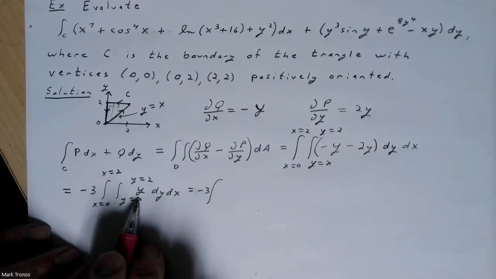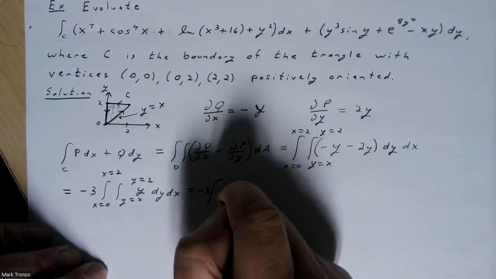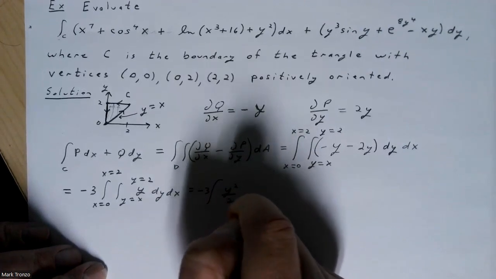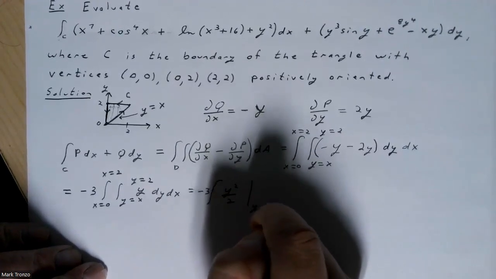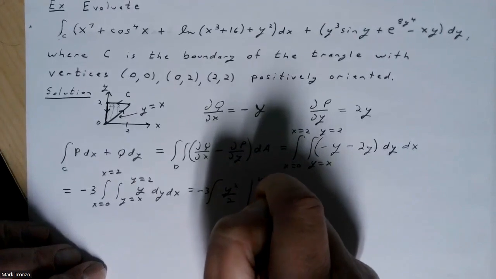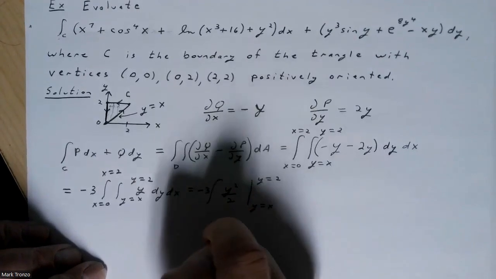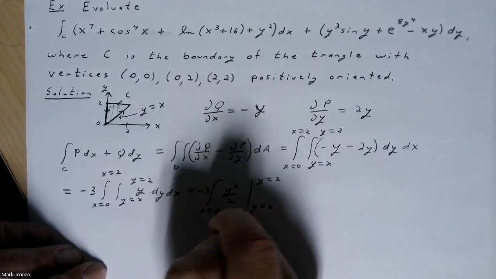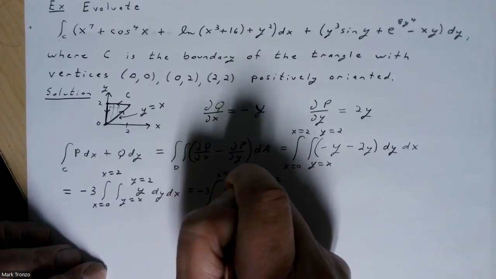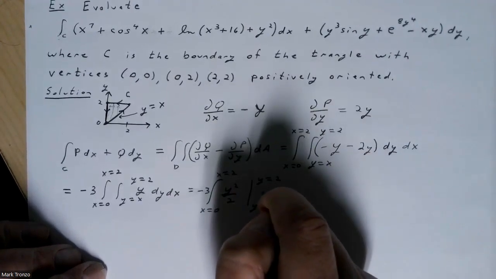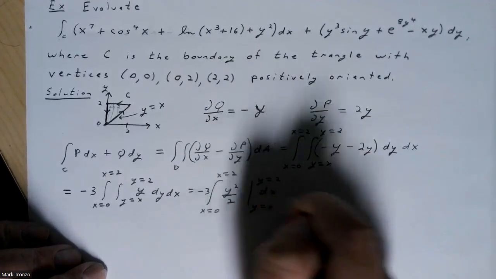Integrate with respect to y. That'll give us y squared over 2 from y equals x to y equals 2, x equals 0 to x equals 2, dx.